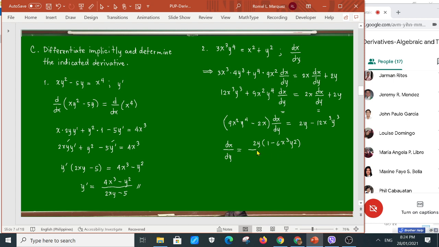All over, what about the denominator? All over this. So, anong common naman dyan? X lang. Wala namang na-cancel. 9x y to the fourth minus 2. Wala na-cancel. Okay. Yan na yung derivative. Okay, guys?